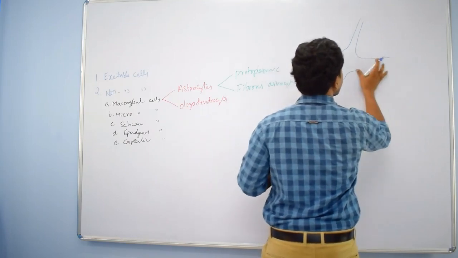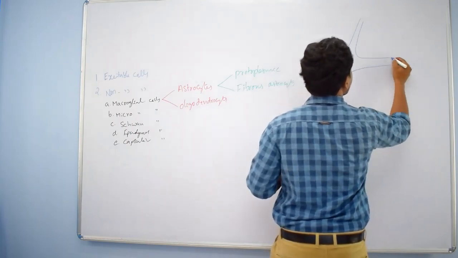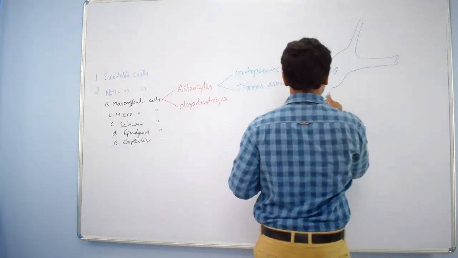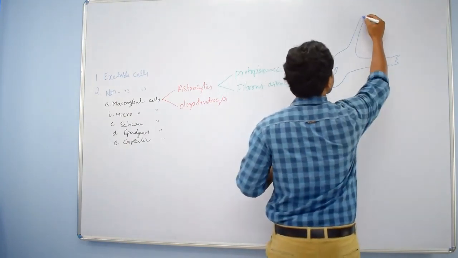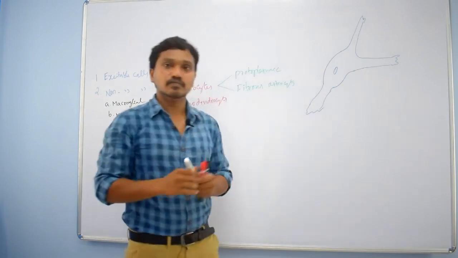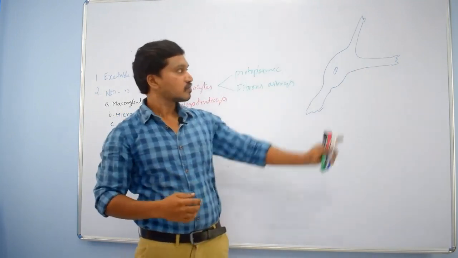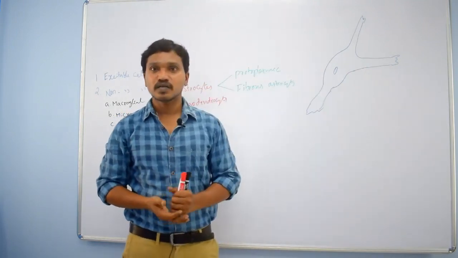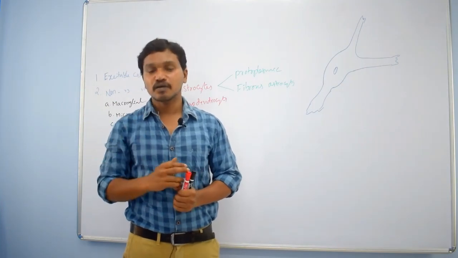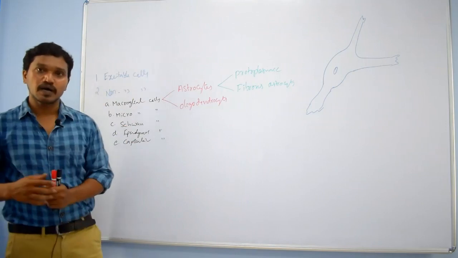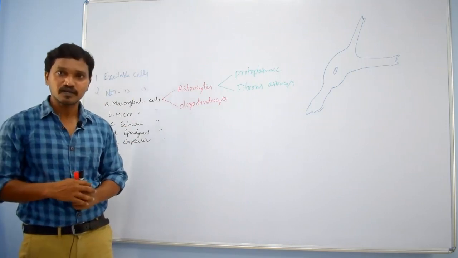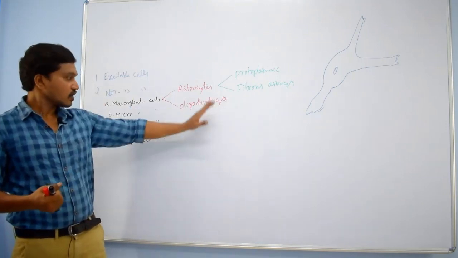And what is the function of oligodendrocyte? Oligodendrocytes produce myelin sheath in the central nervous system. But in the peripheral nervous system, Schwann cells will form the myelin sheath. Clear?